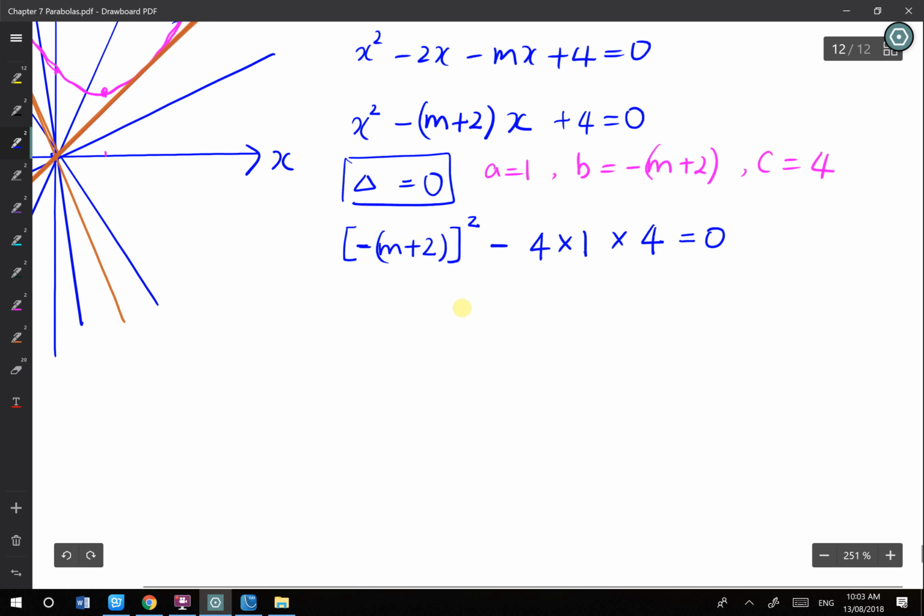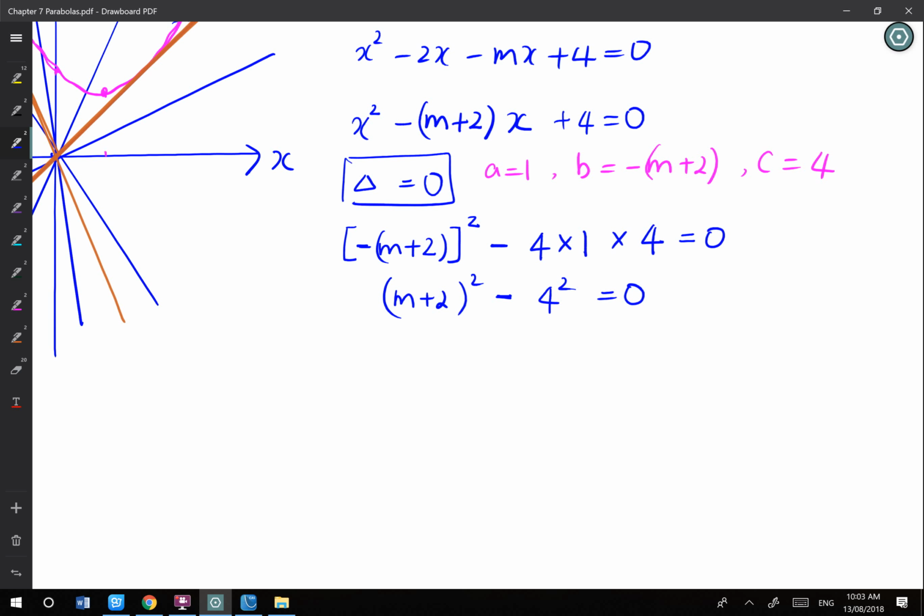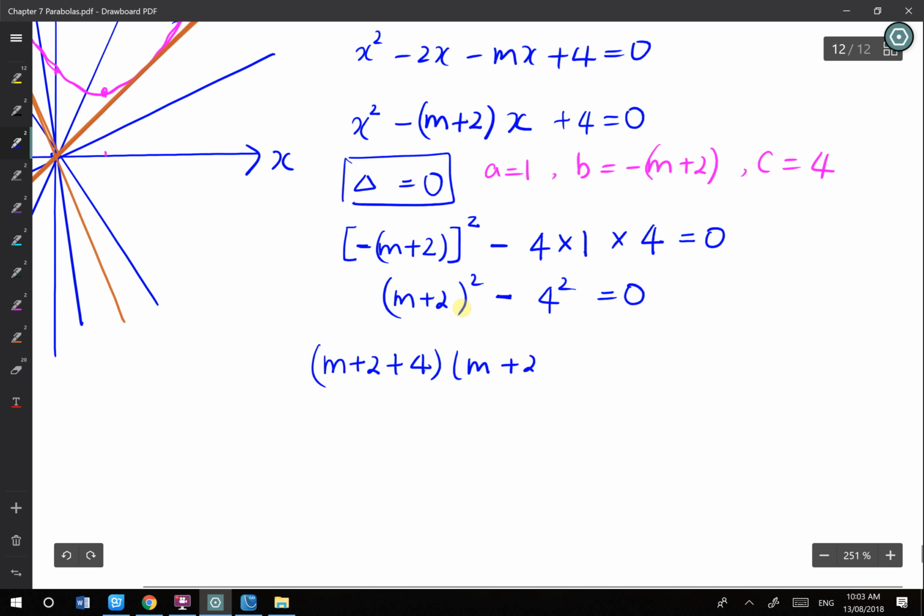For the minus squared, you will have a positive squared, and that's minus 4 squared equals 0. Because minus 1 squared is still positive 1, it's just m plus 2 squared. There's no difference between negative or not. So I will have m plus 2 plus 4, m plus 2 minus 4 equals 0.